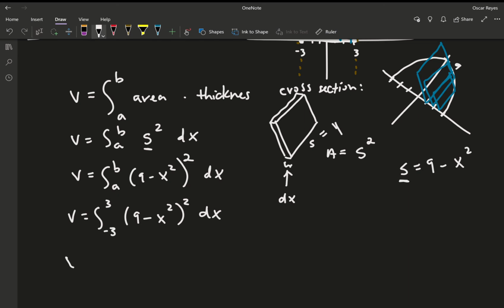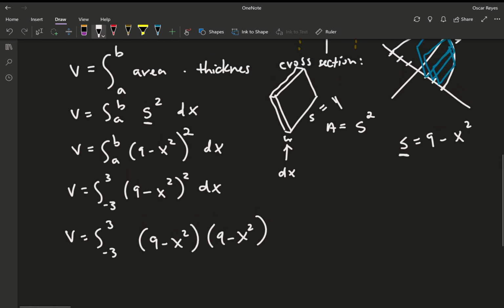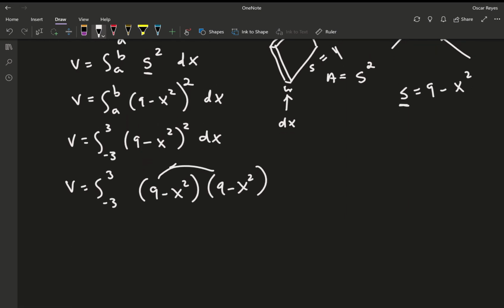So the volume from -3 to 3. So we have 9 minus x squared, 9 minus x squared. That's going to give us 81. We're going to distribute this one, distribute that one.